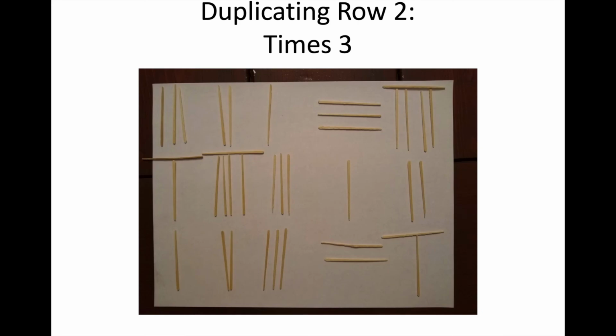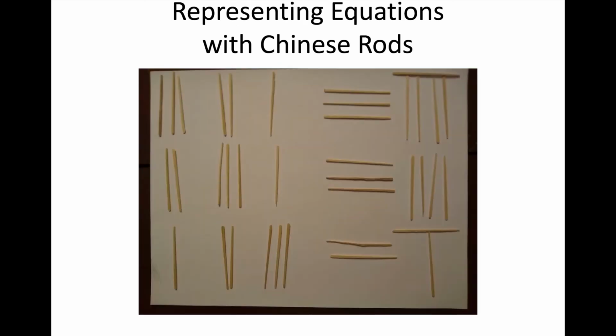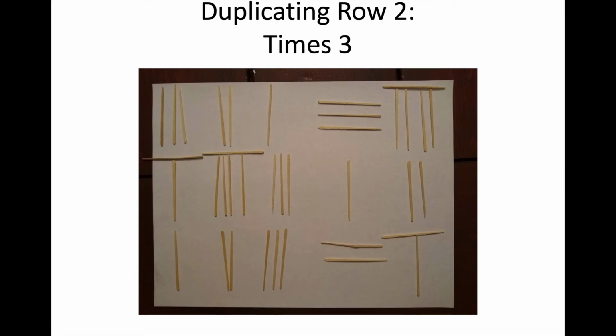Okay, so what I've done here, going from that first picture to this picture, the only thing that changed is the second row. So if you look at the second row, the numbers are a lot bigger. And that's because what I've done is I've duplicated that row. I've essentially multiplied everything in that second row by 3. So whereas there used to be a 2, 3, and a 1 in the second row, now there's a 6, 9, and a 3.